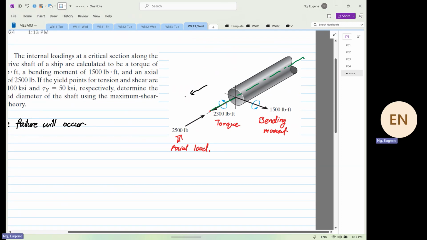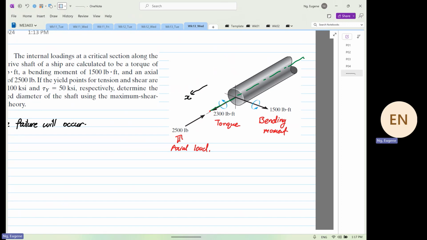So over here, we know that this is our X, this is our Y, and this is our Z. And we know that if the bending moment is going this way, over here is compression. Below here is tensile. This axial load is going to be inducing compression.